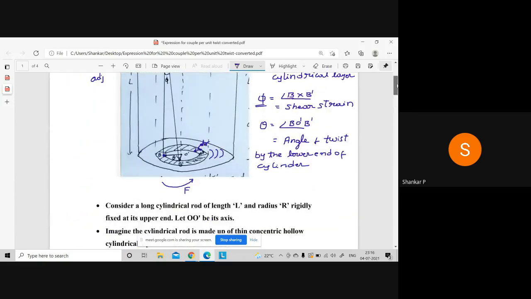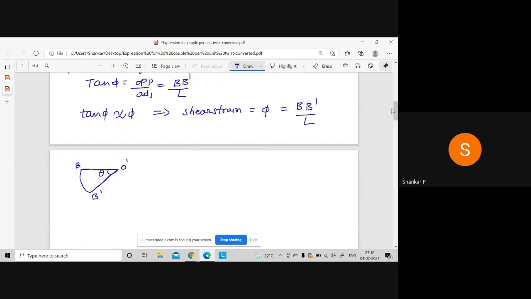Now also from the diagram we observe that because of the shearing force the point B has been moved to B dash, twisted by an angle theta. So let us consider the triangle B O dash B dash, from the lower part of this diagram, where B B dash is the arc length, and theta is the angle by which B has been moved to B dash.